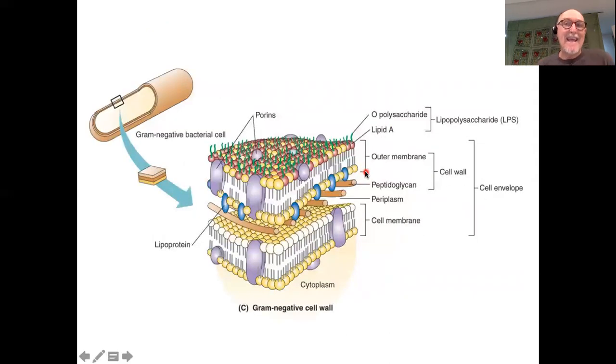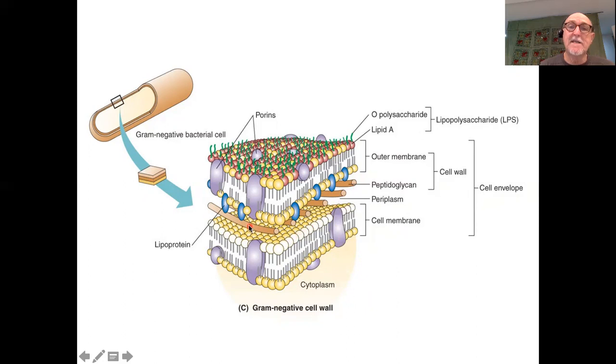In the gram negative bacterium, the structure is completely different, and it acquires all sorts of different functions. So first of all, orient yourself. Here's the cell membrane here. The plasma membrane forming the cell membrane.